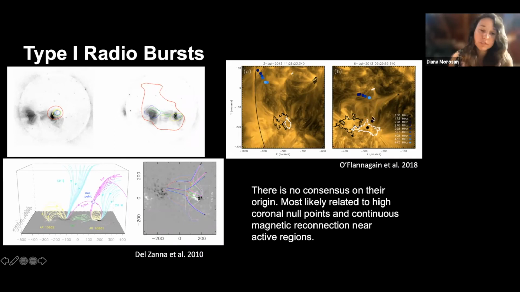And this also holds in extrapolations. There's a significant coronal null point there. So the most recent research suggests that they're somehow associated with either high coronal null points or magnetic processes that are capable of producing continuous reconnection events to have that emission on top of the active region for so long. But as far as I know, more studies could be done. It's not clear what exactly causes them. Okay.